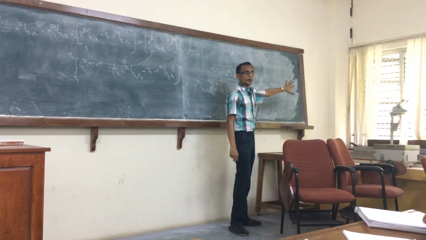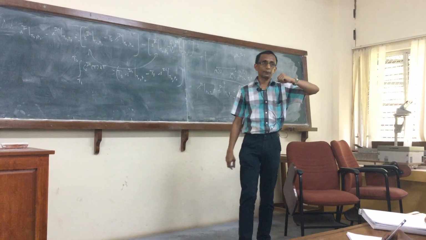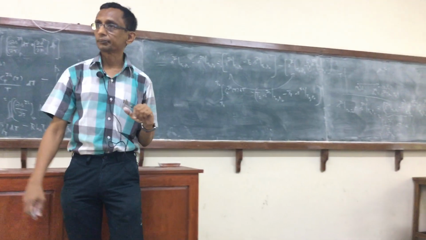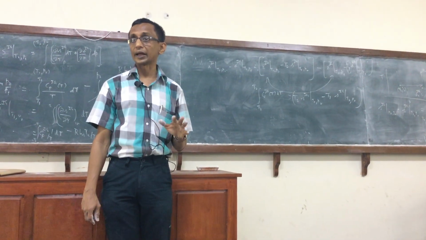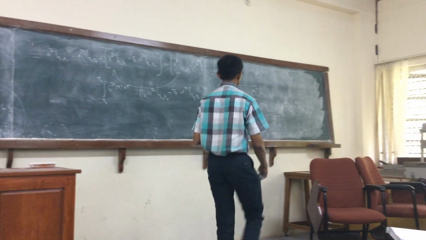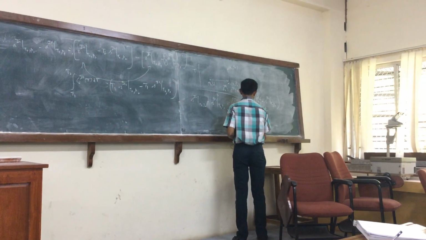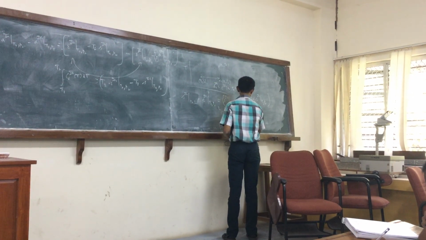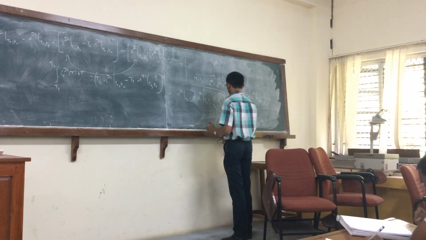So the only quantity that will come into play is dS by dP. That is minus R over P for the ideal gas. Minus R logarithm of P2 over P1.